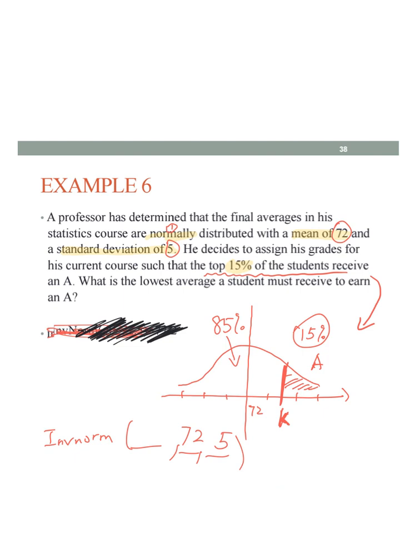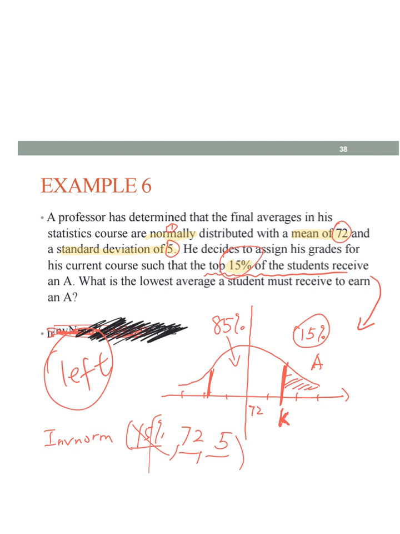So we input the mean and the standard deviation. And for the first input, that is the area, that is a percentage to the left side. Okay, be careful, left side. Every semester I have students input the right side. Once they saw 15%, they just use 15%. That's so wrong, because if you use 15%, it's kind of majority of students can get A in this class.